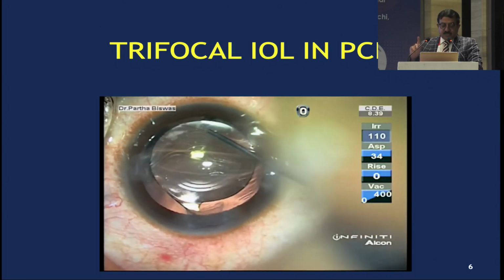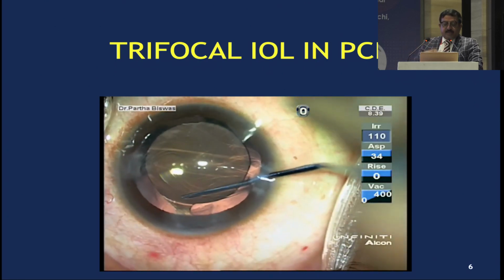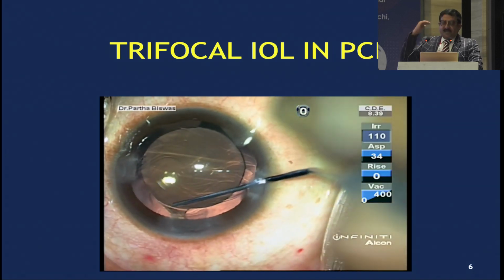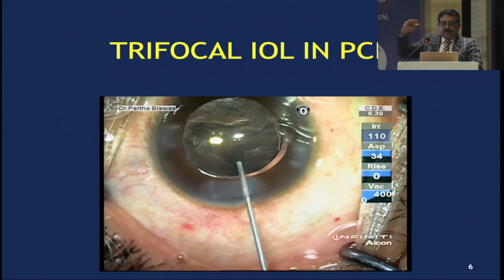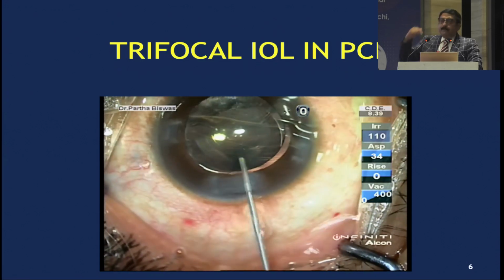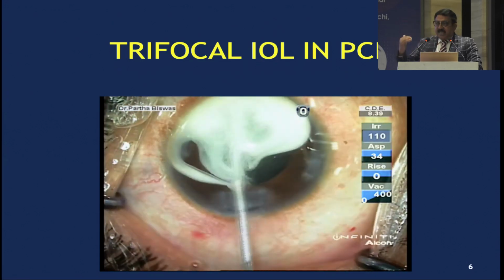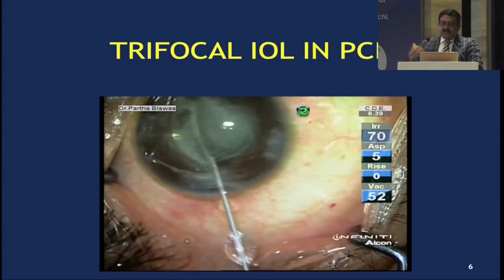That is the first trick. The second trick is, once one haptic has gone into that place between the posterior capsule and the anterior capsule, then placing the second haptic, again knuckling it so that it just fits in.